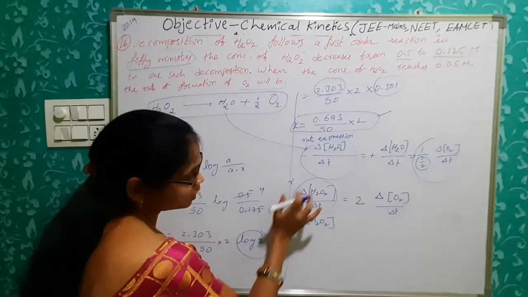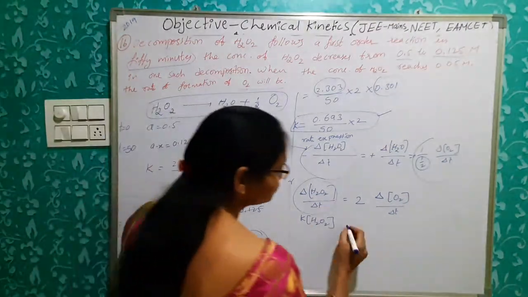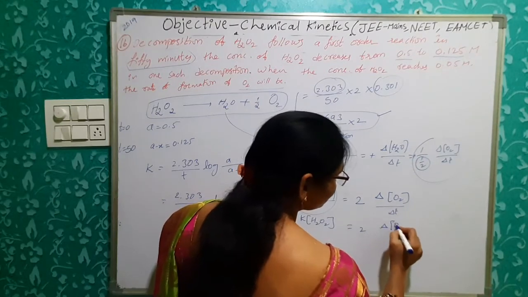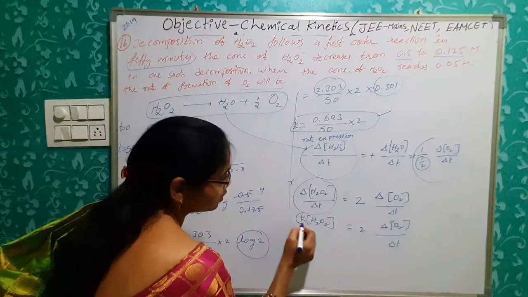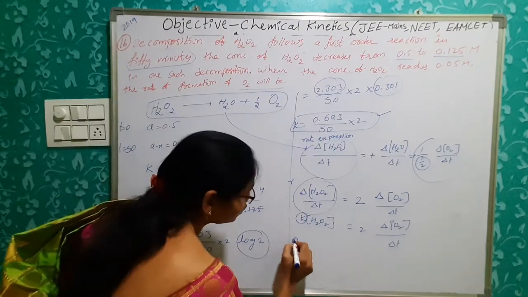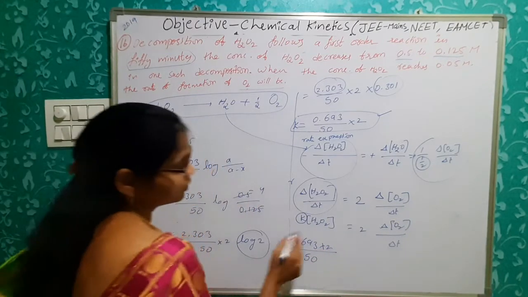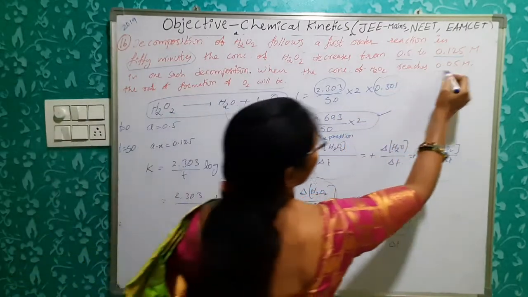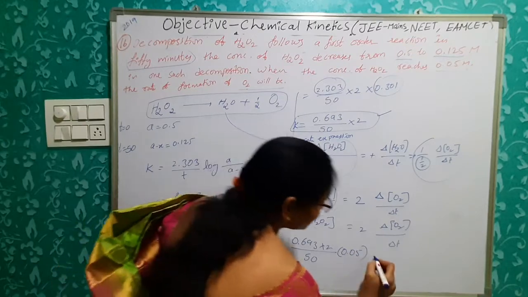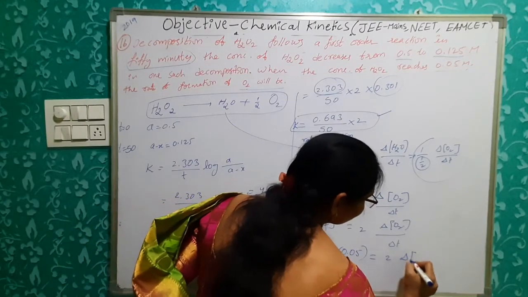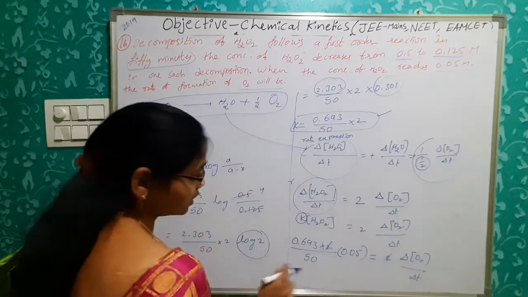So instead of this one, I am writing K into concentration of H2O2, then 2 into delta O2 by delta T. Then K value here, 0.693 into 2 by 50, then concentration of O2 reaches to 0.05, is equals to 2 delta O2 by delta T. So 2 mutually cancel here.